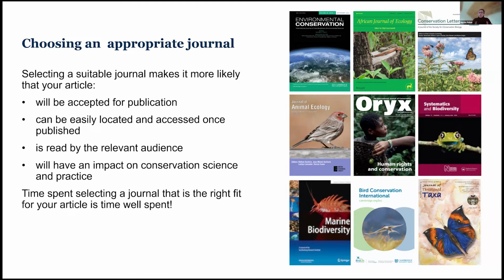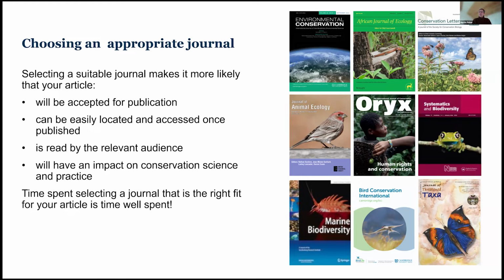So, for example, every week I reject work that is really good, but really it's more suitable for an ecological journal. I will reject that work very quickly and encourage the author to go and submit their work to an ecology journal, and I'll probably make a recommendation for a suitable journal.